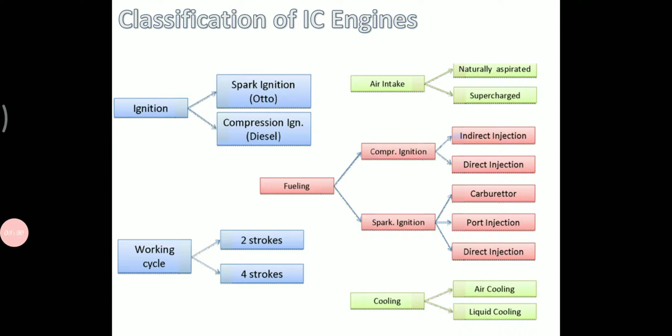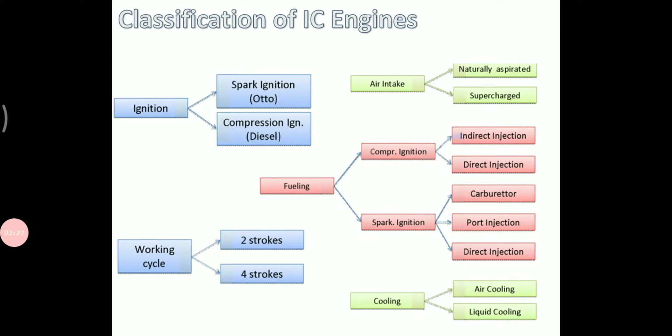A common example of an external combustion engine is the steam engine. Initially steam engines were used for locomotives. Steam engines have high power, obviously, but you can expect a lot of pollution in an external combustion engine, so it is almost outdated nowadays. Now we are only talking about IC engines.